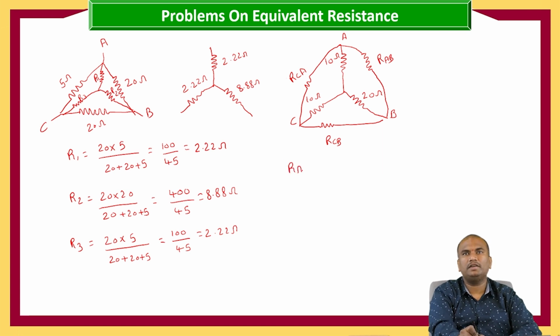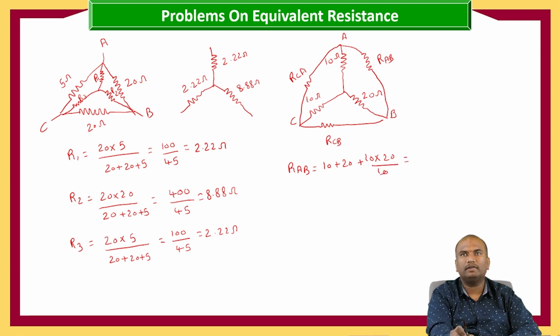So the RAB is equal to 10 plus 20 plus 10 into 20 by 10. That is equal to, 10, 10 will get cancelled, 20 plus 20 plus 10, 50 ohms. RCB or RBC is equal to 10 plus 20 plus 10 into 20 by 10, which is equal to 50 ohms.